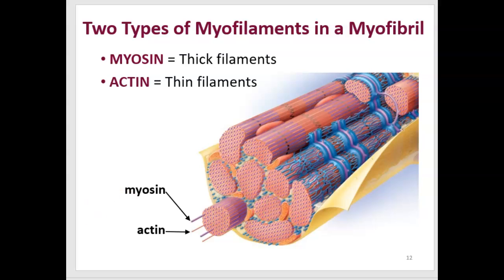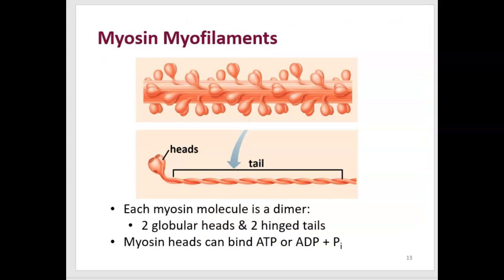To understand how that works, we need to look a little bit more closely at the structure of myosin and actin. So myosin filaments are made up of several myosin proteins, which are dimers, meaning there's two myosin proteins kind of coiled together.